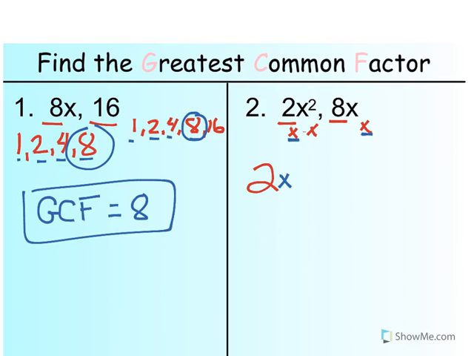Now here's where this gets interesting. We're going to write what is left over if we divide or pull out that greatest common factor 2x. Just to give you a visual of what that looks like, I'm going to move this out of the way. We said 2 divides into both of these numbers, so we would divide it by 2, and then that would leave us 2 divided by 2 is 1.